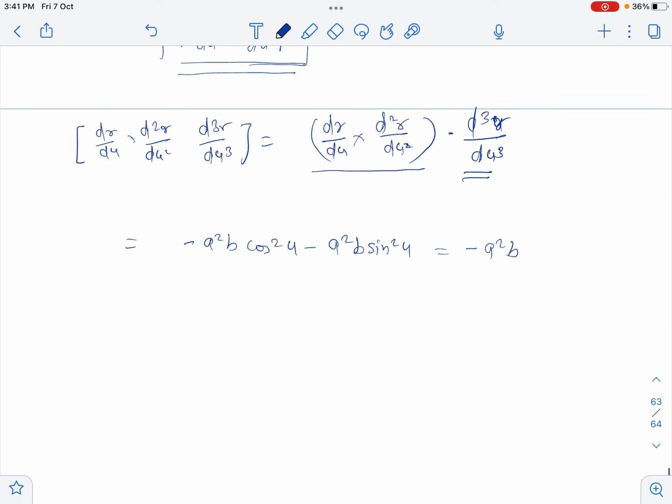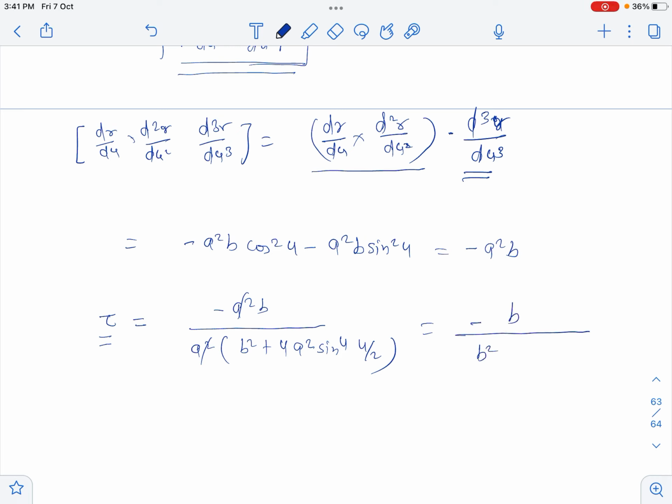And from equation 3 we already have this one. So tau, that is torsion, is equal to minus a square b divided by a square into b square plus 4a square sin square u by 2. So this a square can be cancelled, so torsion is minus b divided by b square plus 4a square sin square u by 2. So this is the answer.